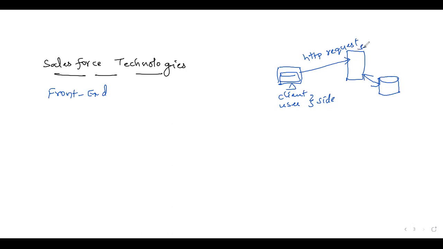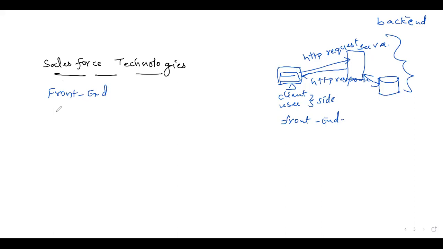Whenever the server receives the request from the client, it is going to search for the appropriate things in the database, and if it finds them, then it provides a response, an HTTP response, and we can see that response on the client side. This all will be happening at the back end. This is happening at the front end.